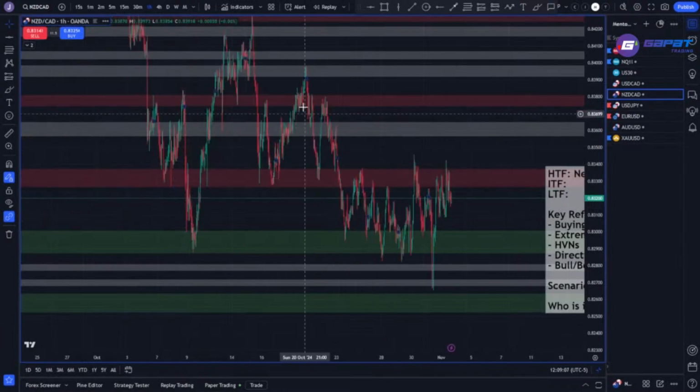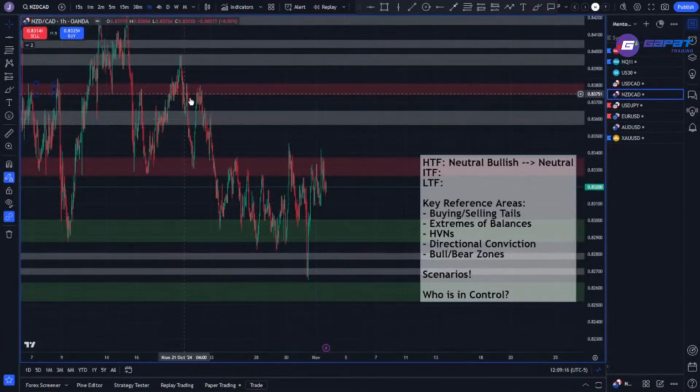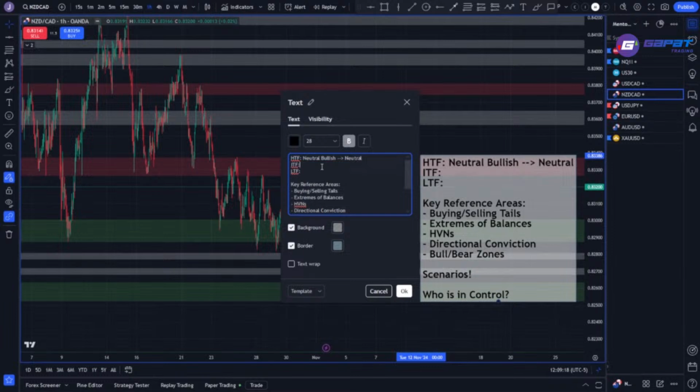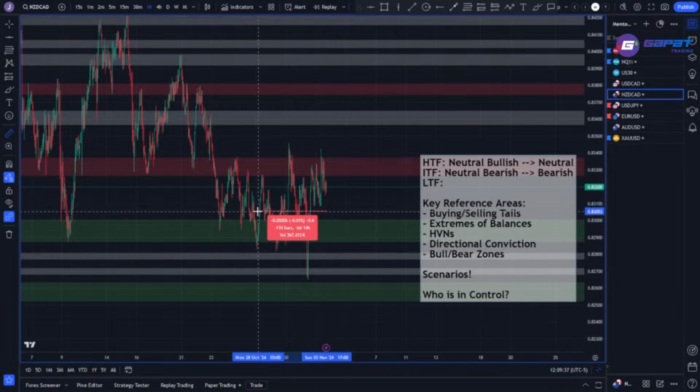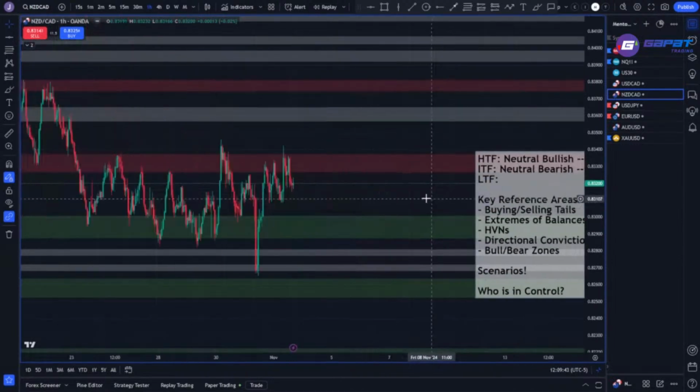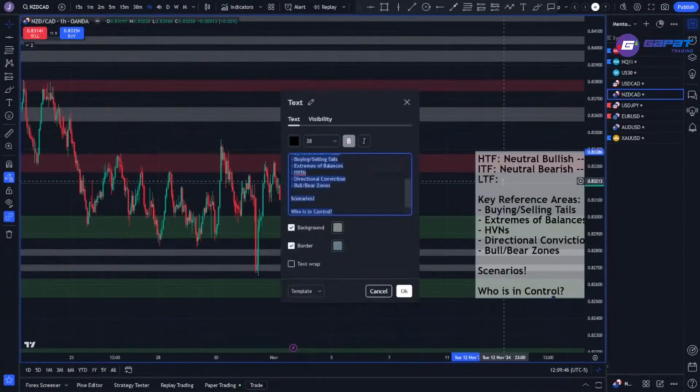The lows are getting lower and the highs are getting lower, but it's not a very nice downtrendy move like some of the other charts. So I'll call it neutral bearish, but it could very easily just turn bearish. And then the lower time frame, the past 1 to 4 days, from here to here. It's just neutral. We're just in this choppiness back and forth.